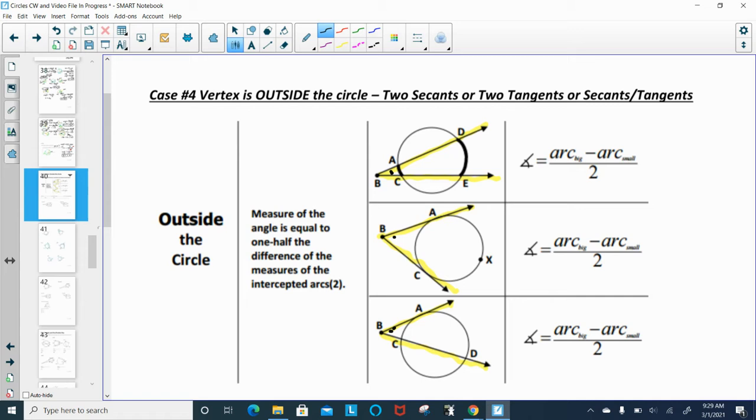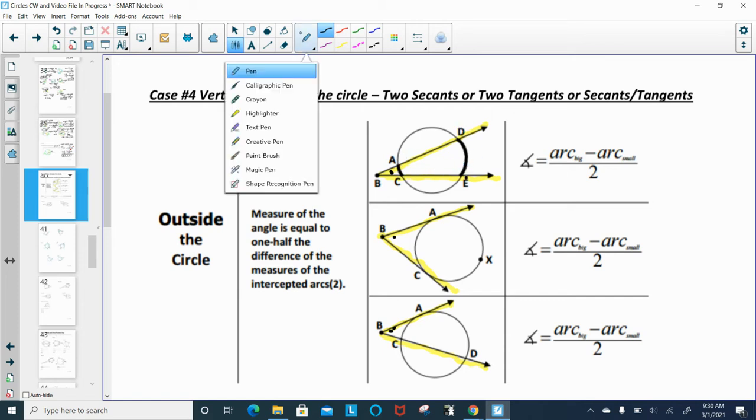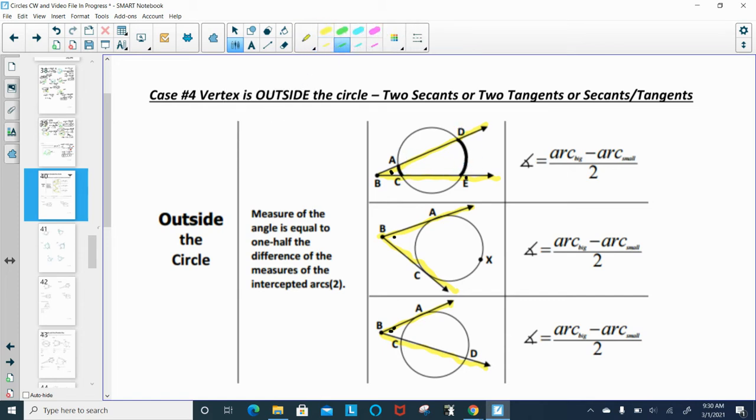And so the only way that this changes, we still have 2 arcs. Let me go through and highlight those real quick. Still have 2 arcs, one there and one there, or in this weird case, one there and one there, or one there and one there.